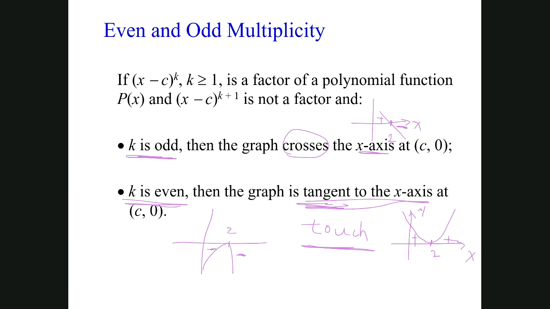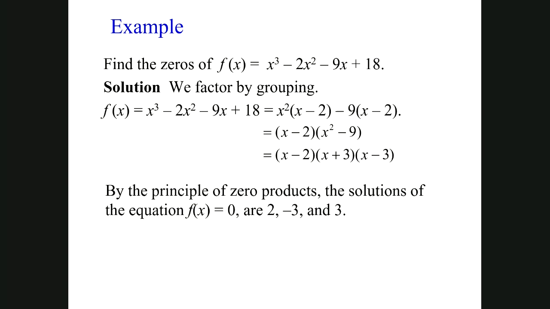Okay. All right, so look at this one right here. How do we find a zero for this one? Well, if we want to do this one, we can do the factoring a little bit. We can do the grouping. We can group these two together and the last two together in here, right? So when I group these two together and then I factor out a negative 1, this will be 9x minus 18, right?